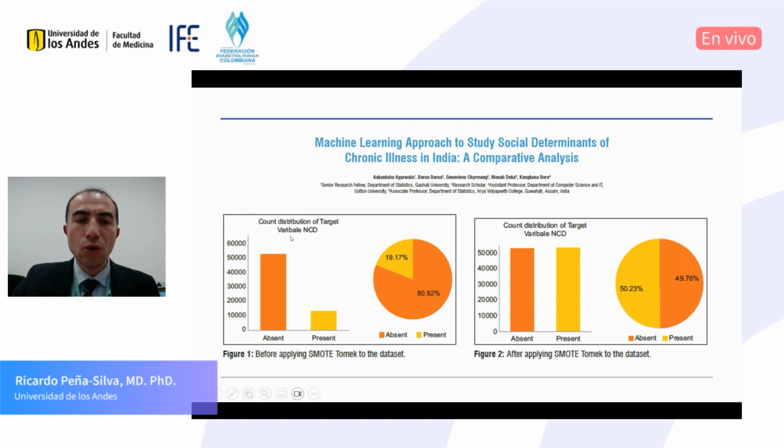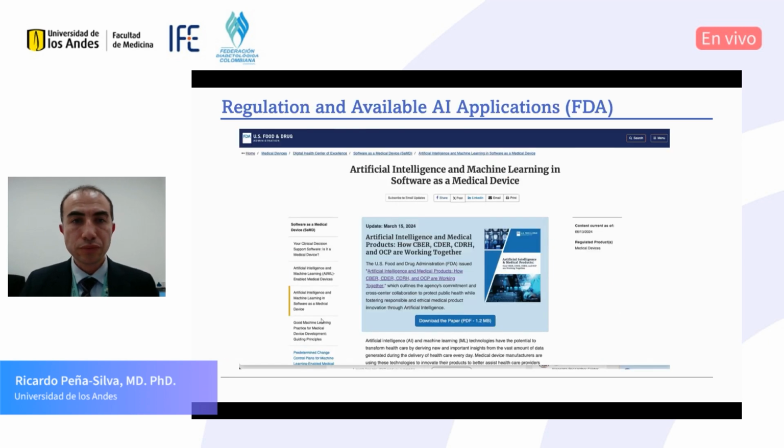Sometimes when we were trying to look for some specific variables related to NCDs, some of these variables were absent in most of the patients and present in only a small fraction of the sample that was studied. So then they had to do some adjustments to the data in order to get more balance in some of these variables. And the conclusion is that it's very important to understand the differences in the quality of the data or the variability of the data that is feeding these artificial intelligence models in order to get recommendations that are more useful for our patients or populations.